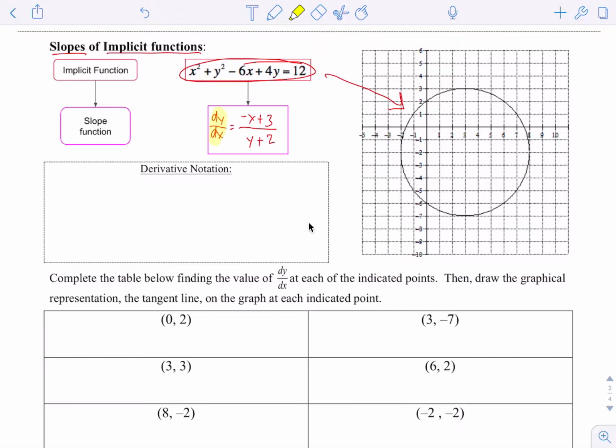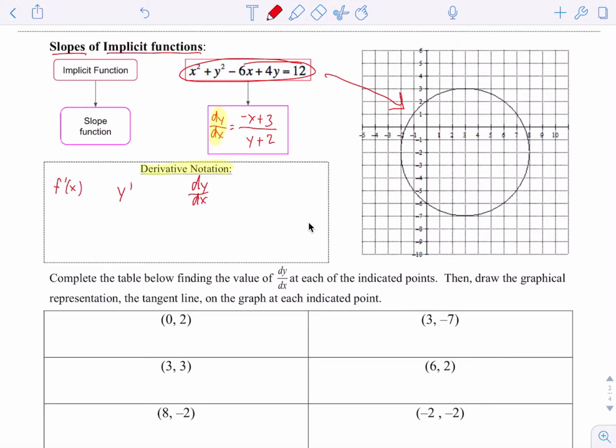So I want to first talk about the derivative notation real quick before I continue. What we're used to seeing is the first derivative written in this form, f prime of x, right? That's pretty straightforward. Or y prime, something like that. But today I'm also letting you know that another way to write it is dy dx.